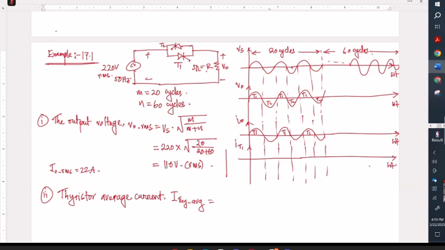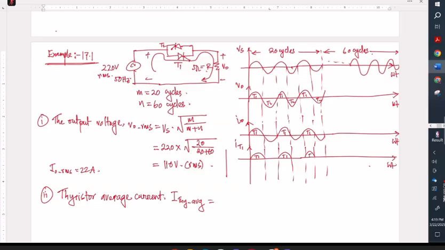IT1, suppose we are calculating thyristor current. So the thyristor current will be what? During the positive current, this way, right? Yes, sir. So the thyristor current should be like this. Yes. That should be T1, right?